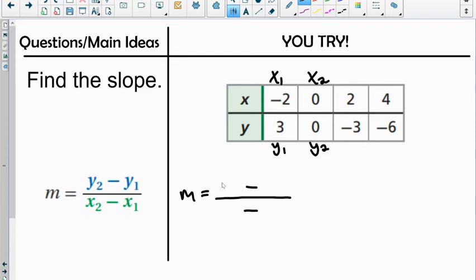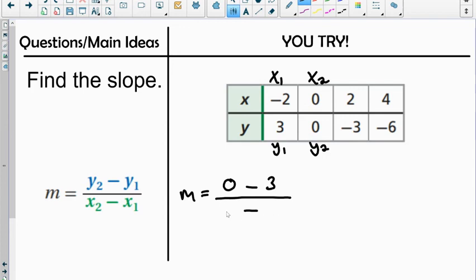Which number goes in the first blank? 0, because it's our second y-coordinate. Which number goes in the upper right-hand corner, the second blank? 0 minus what? Well, that should be our first y-coordinate of 3.